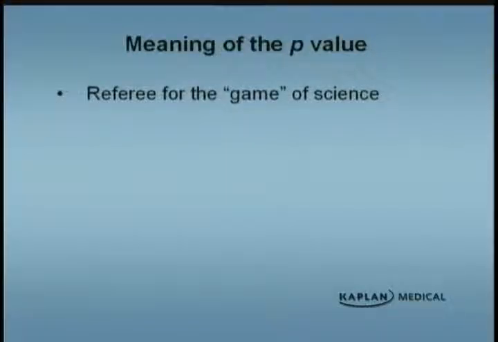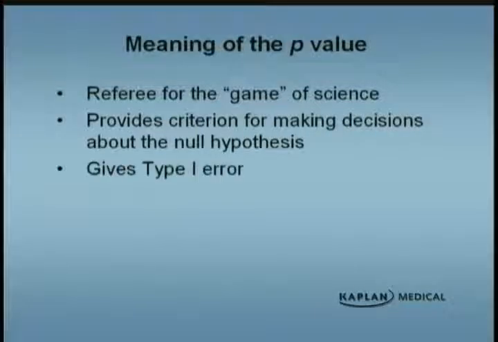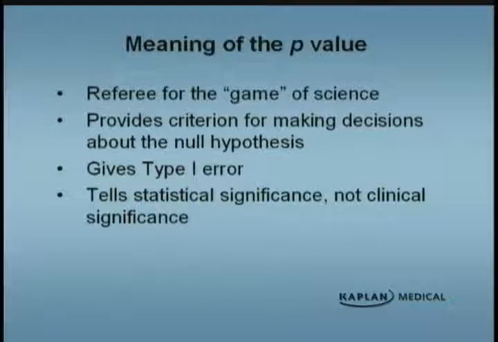The p-value is the whistle that blows and declares significant or non-significant. It's how we're going to make our statistical decisions. The p-value in this context gives us the chance that we made a type 1 error, because remember, that's a decision criterion. When we're below the type 1 error we're willing to accept, we're willing to take the chance. What the p-value does not give us is what your patient asks you for, namely clinical significance.